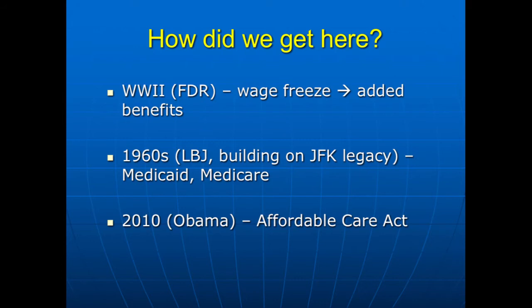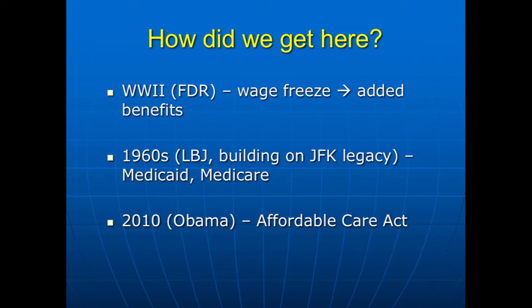Then, in the 1960s, Lyndon Baines Johnson, or LBJ, succeeded in implementing the public system strengthening promoted by the administration of John F. Kennedy, who preceded him and, of course, was assassinated. This yielded Medicaid and Medicare.